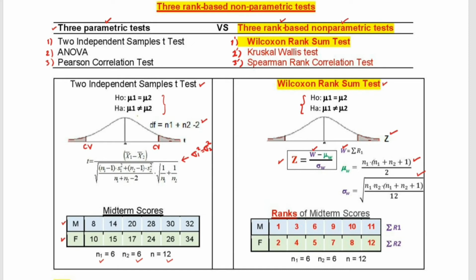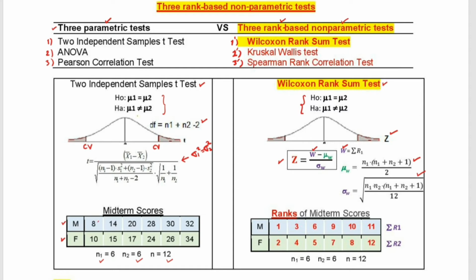And to use the same data set in Wilcoxon rank sum test, we have to rank the data first. Usually you can give rank numbers from smallest to largest, from rank 1 to rank n.